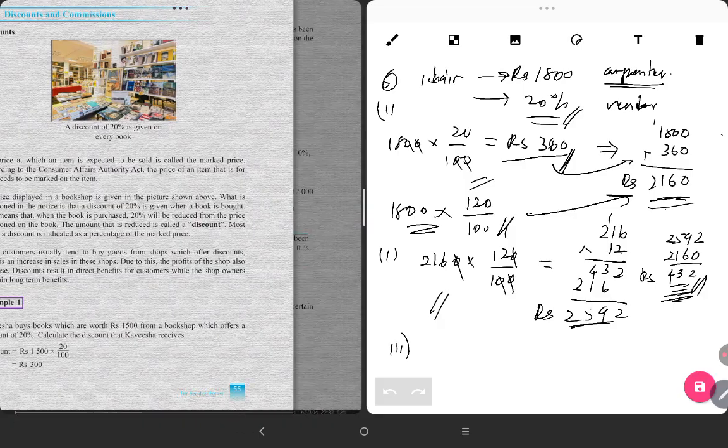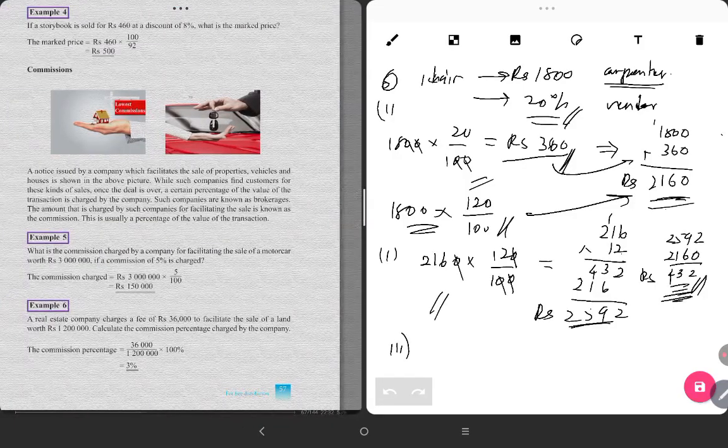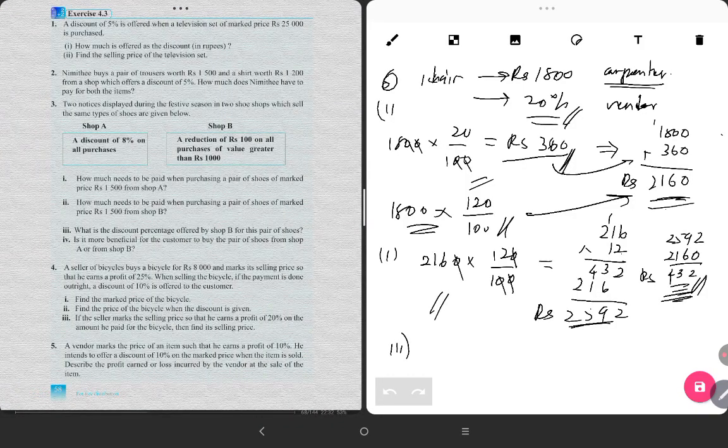So that kind of thing you can also do. For that, let's go into the exercises and we'll cover one of them, and that way you will understand the scenario.